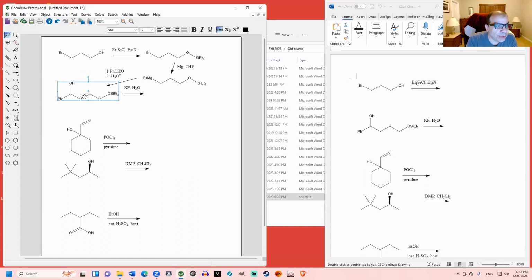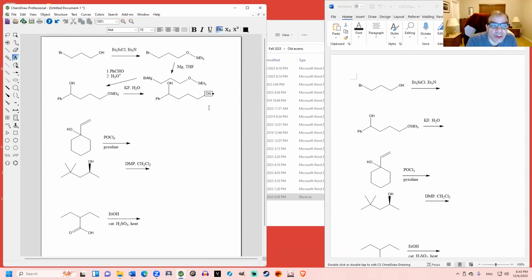Anyway, once you add this compound, if you treat a silyl ether with fluoride, we mentioned this in class, the fluorine will take off the silicon because silicon and fluorine make an extremely strong bond. And you get the alcohol back.